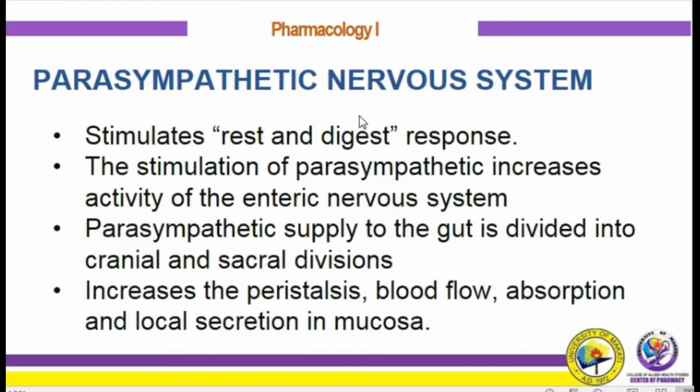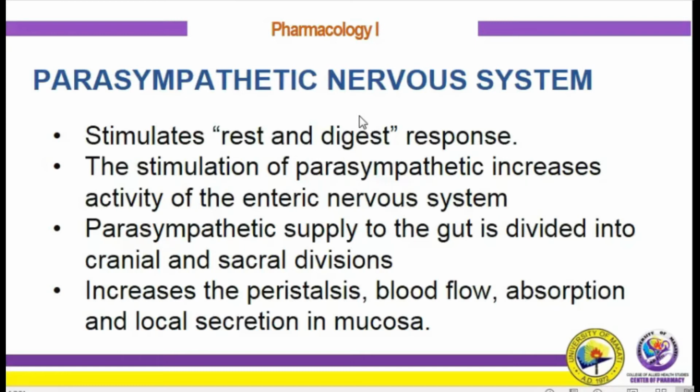The parasympathetic supply to the gut is divided into cranial and sacral divisions. Except for a few parasympathetic fibers to the mouth and pharyngeal regions of the alimentary tract, the cranial parasympathetic nerve fibers are almost entirely in the vagus nerves.